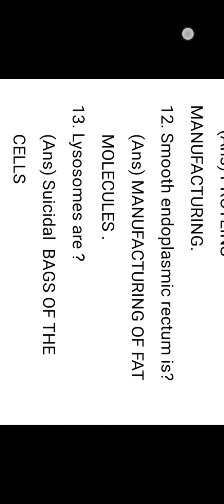The different structures that make up the endoplasmic reticulum perform very diverse and specialized functions within the cell. So these are the two: one is the rough endoplasmic reticulum and the second one is the smooth endoplasmic reticulum. One is tubules and the second one is sheets.